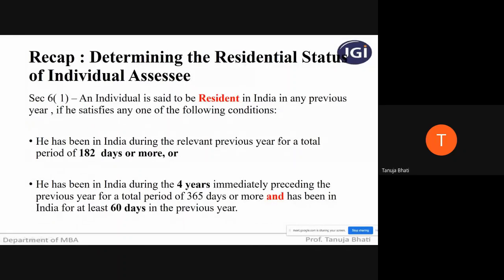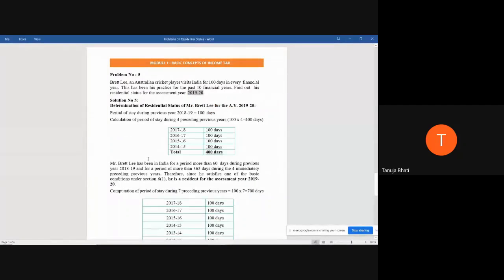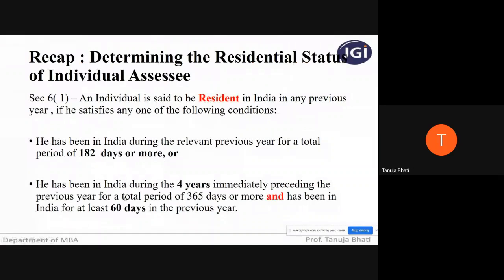The previous year is 1819. In 1819, how many days did he stay? Only 100 days, because every financial year he's just staying for 100 days. So is he fulfilling the first basic condition? No, ma'am. He is not fulfilling the first basic condition.